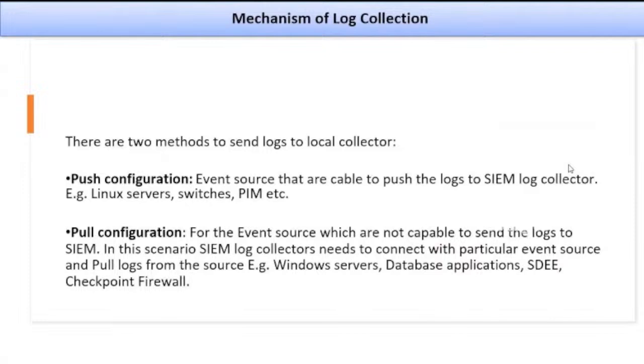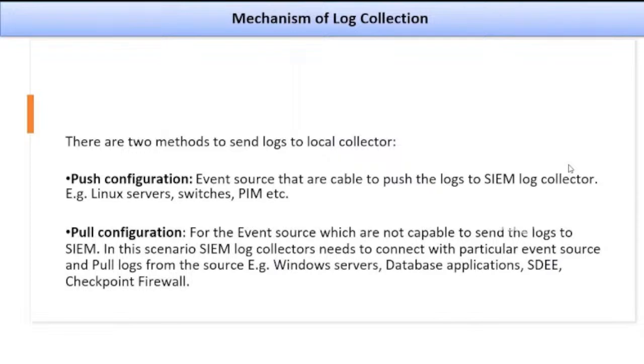So here we have the mechanisms of log collection. In NetWitness, we have two methods for collecting logs: one is push, one is pull. Push is basically, nowadays most of the appliances support push itself, syslog.